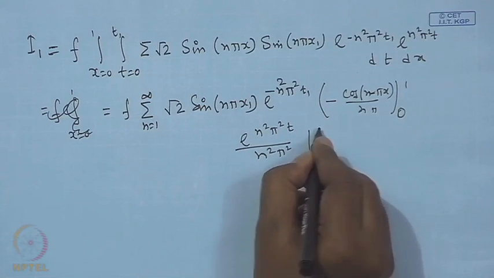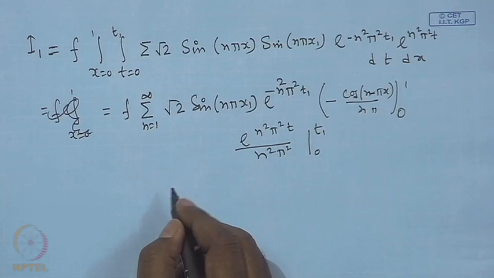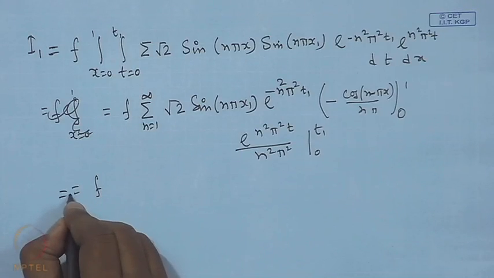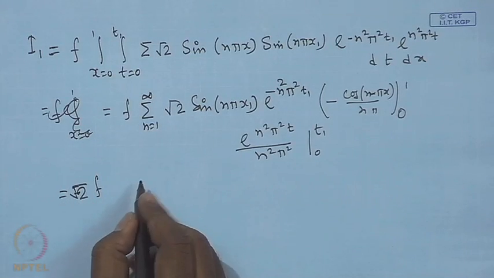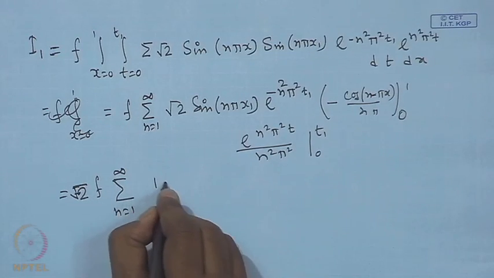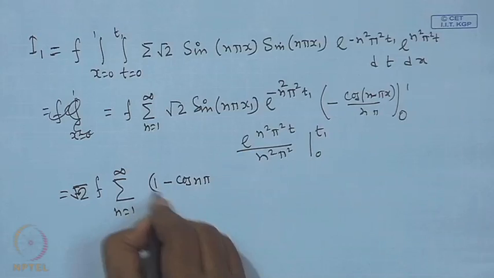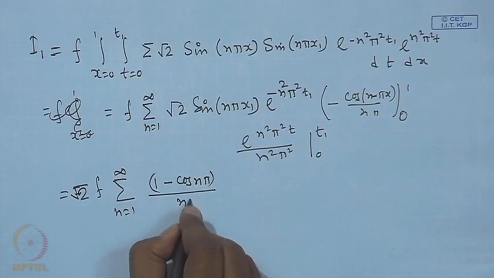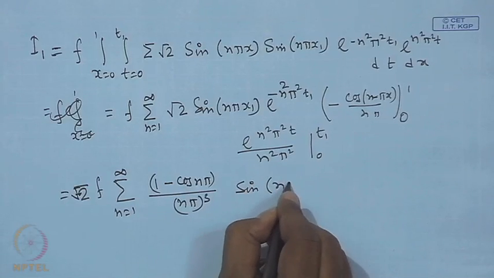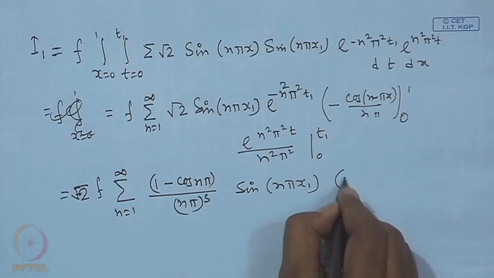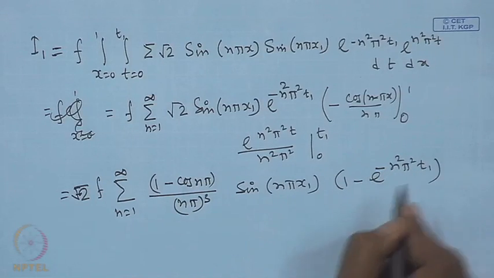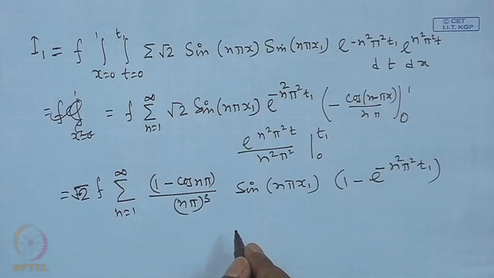So, this will be root over 2 f summation n equal to 1 to infinity 1 minus cosine n pi divided by n pi to the power 3, sin n pi x1 times 1 minus e to the power minus n square pi square t1. So, that is I1.